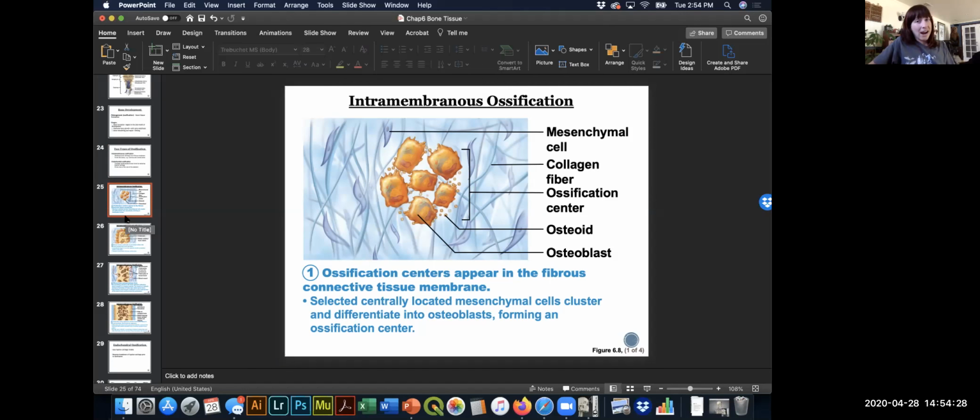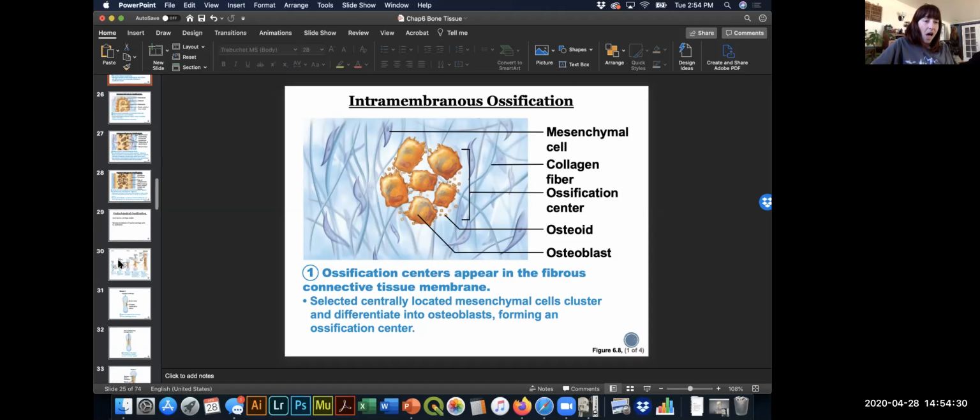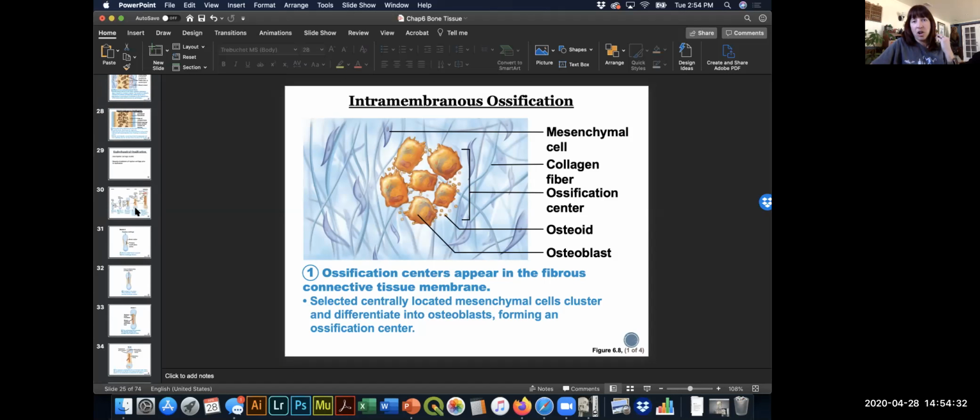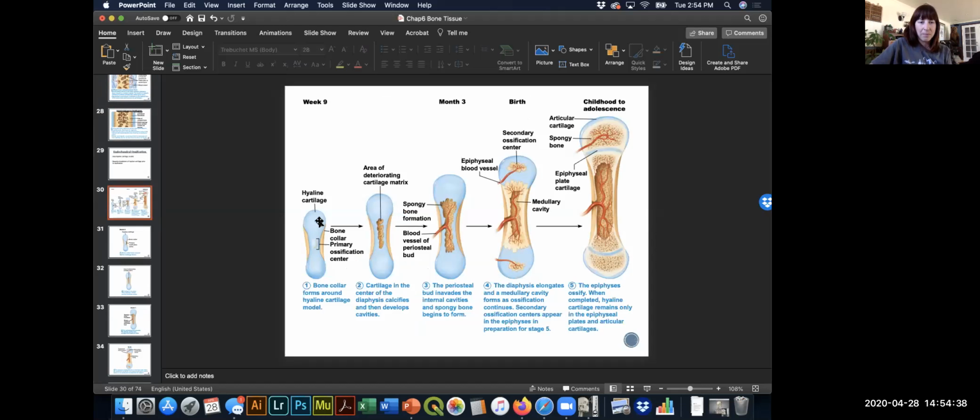Meanwhile, elsewhere in the fetus, other bones, aka your long bones and all of your other bones besides your flat bones, you're basically making a little cartilage mold of those bones. And then you're going to turn that cartilage into bone.